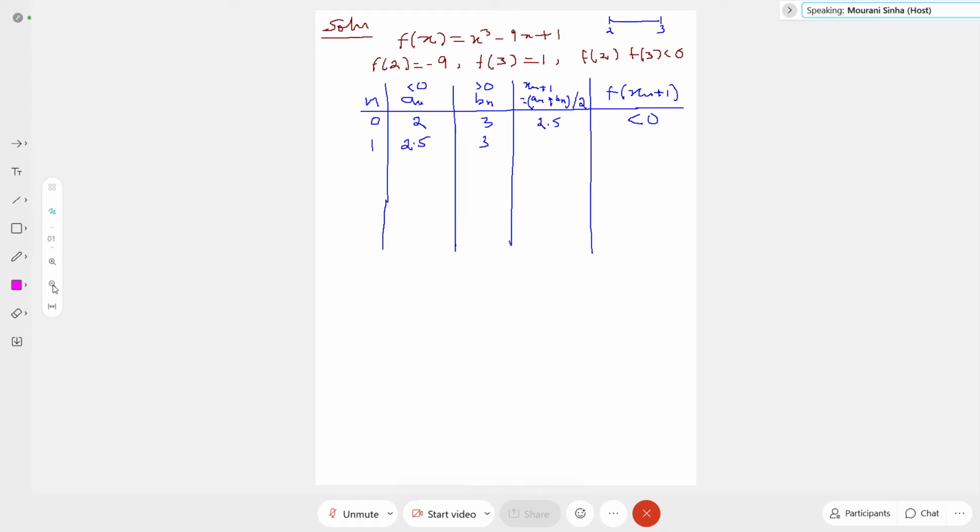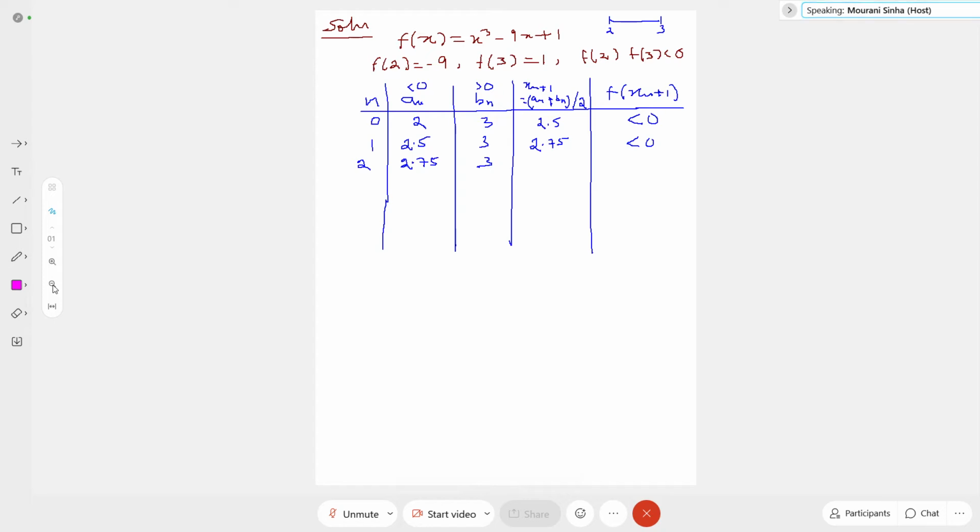What is the midpoint of 2.5 and 3? 2.75. And I again got the function negative here. So 2.75 will now go again to the negative column. So in the next iteration, here I have 2.75 and here I have 3. The positive column remains the same. What is the midpoint of this?